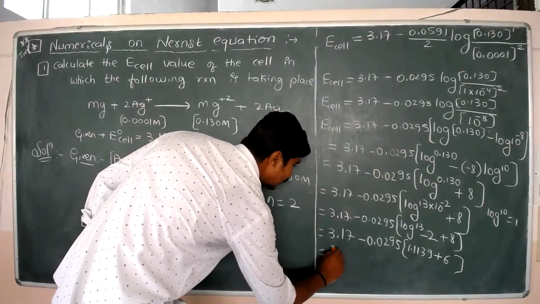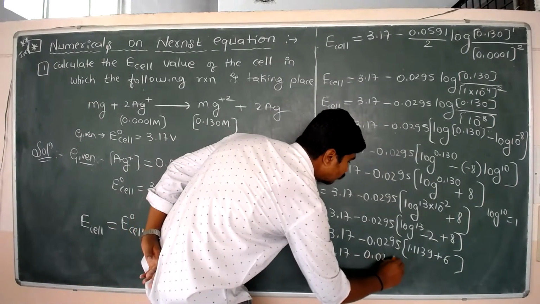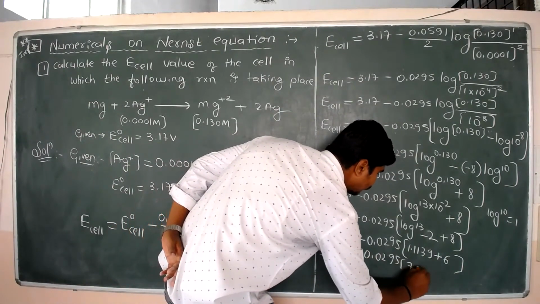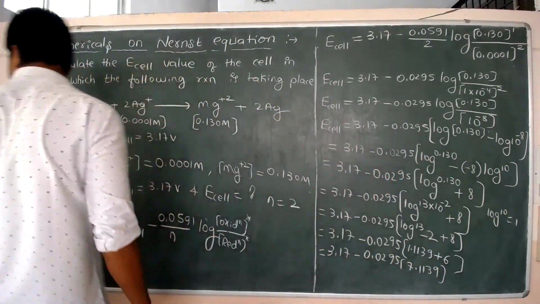How much is it? 3.17 minus 0.0295 times 7.1139. After simplification, what is the answer?